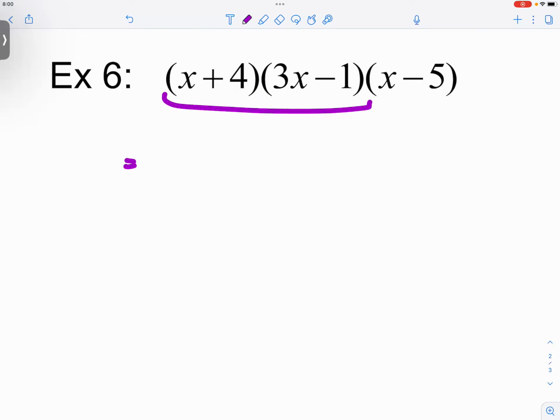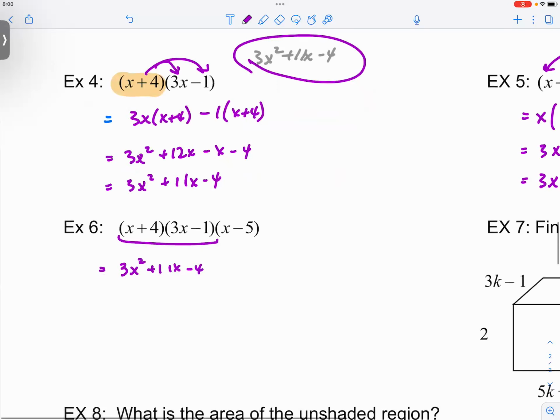Okay, so you can say, all right, let's go ahead and do FOIL for this. Okay, 3x squared, and then plus 11x, and then minus 4. Okay, that looks familiar. Oh, of course, that looks familiar. That was the one right above.